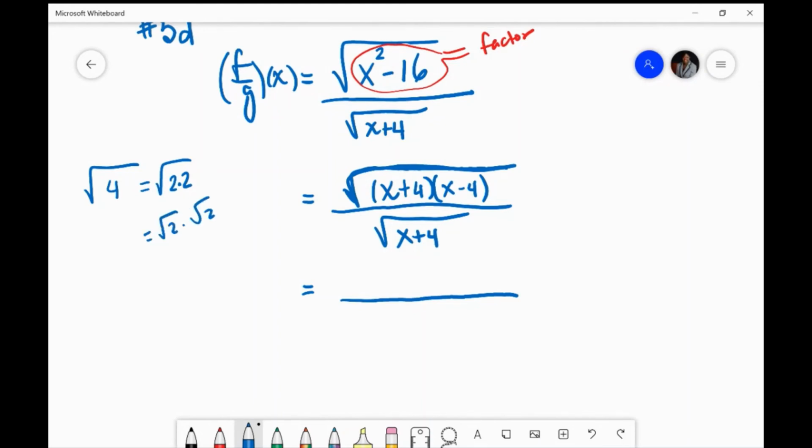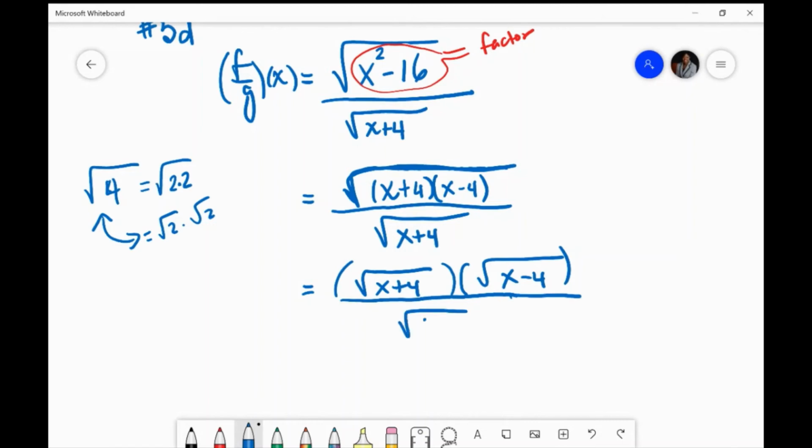That's just an example. Square root of 4 is the same thing as square root of 2 times the square root of 2. So following that rule, I can split this up as the square root of x plus 4 times the square root of x minus 4, like this, over the square root of x plus 4.